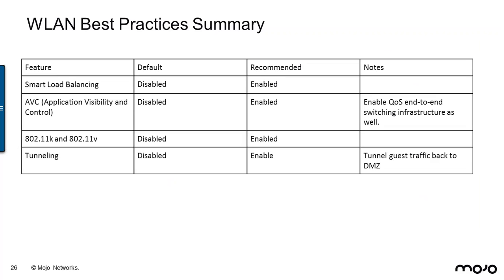And ABC, I haven't talked about it very much, but that's something you want to turn on because not all traffic is going to get tagged appropriately at the source. For instance, that multicast traffic may not be tagged as video when it's transported over the switching network. It may be, depending on the switching infrastructure and the video source.